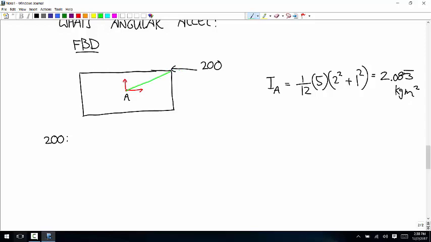So where are we going to have to move that force to along its line of action so that those will be perpendicular? Here's the line of action. Where do we have to move that to so a line from the force to the axis will be perpendicular to the force? Yep, middle. So we'll move it to here.